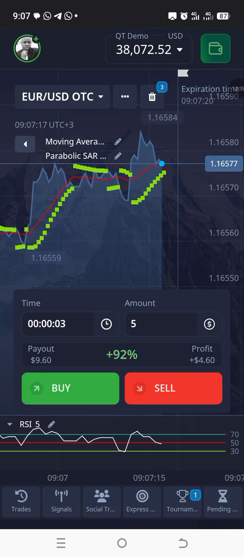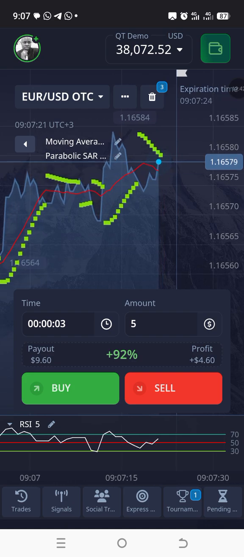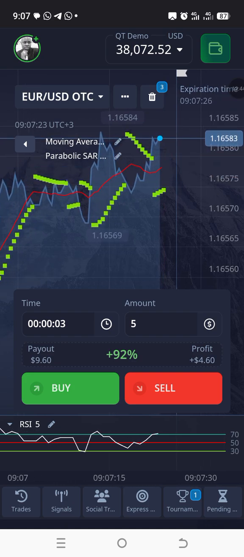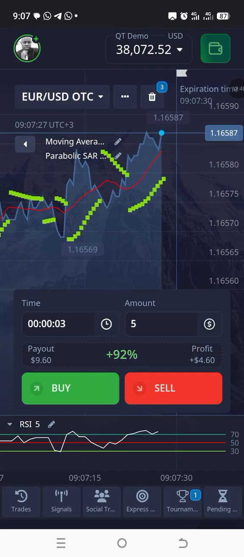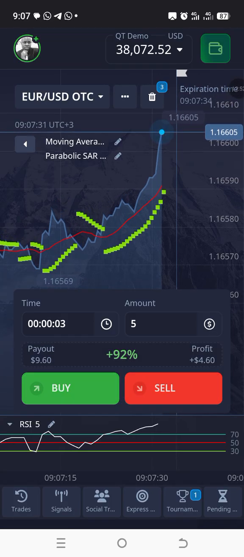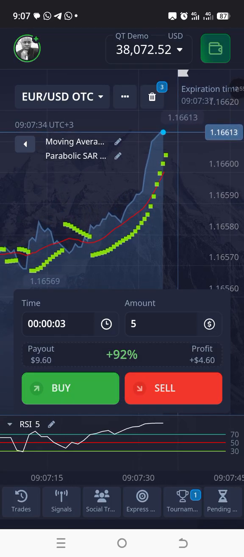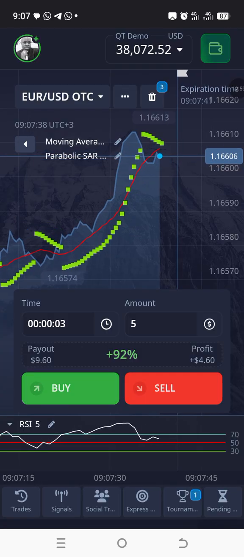You just duplicate them by 2 plus half of the amount of the stake. Then you will obviously win on the next trade. You can't actually run 2, 3, 4, up to 5, 6 trades losing continuously, because these parabolics are leading you. You can see we are at $72.